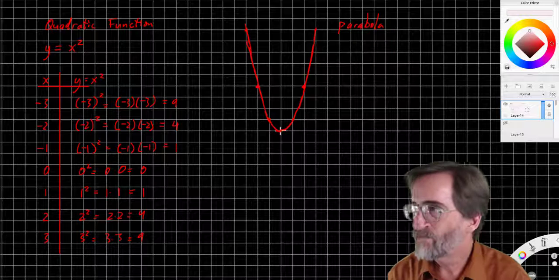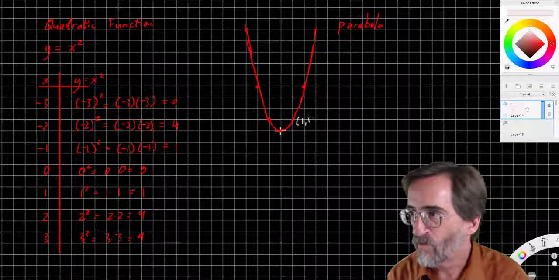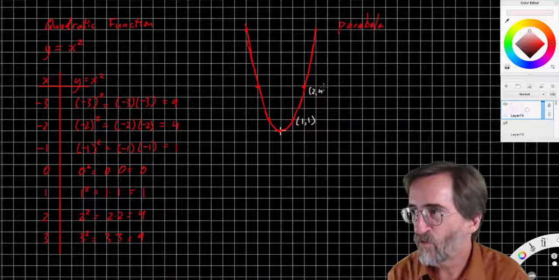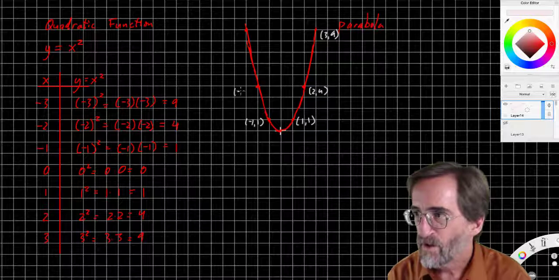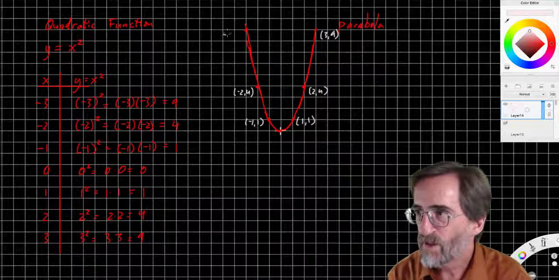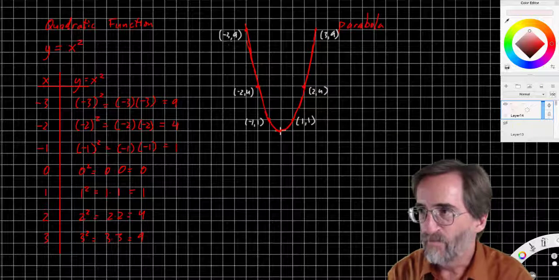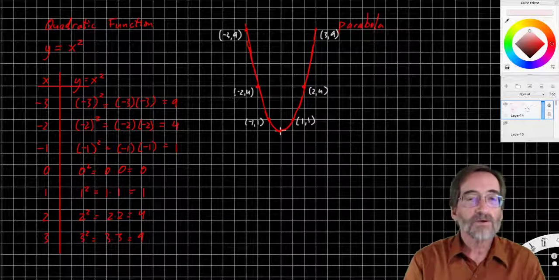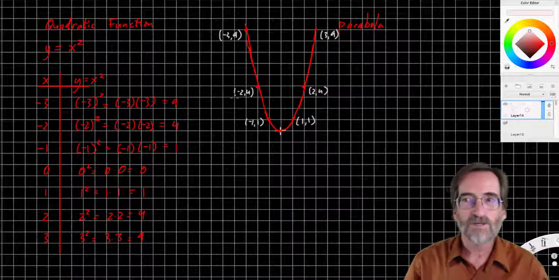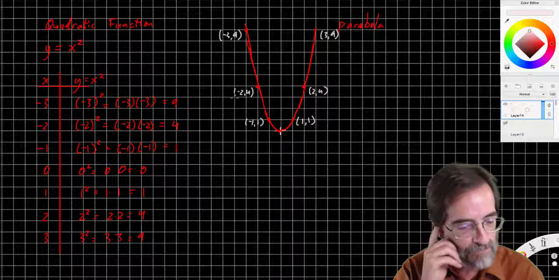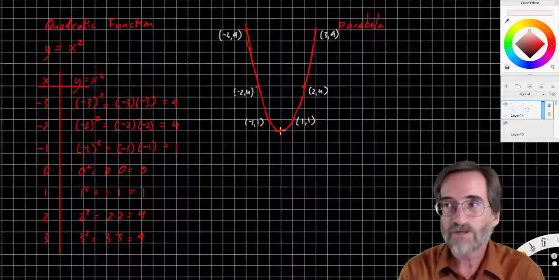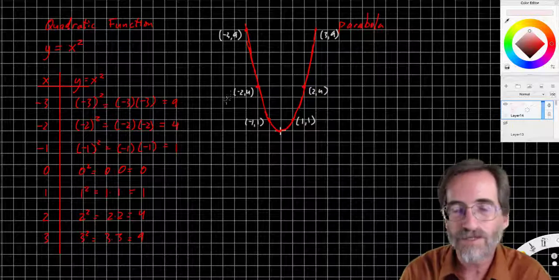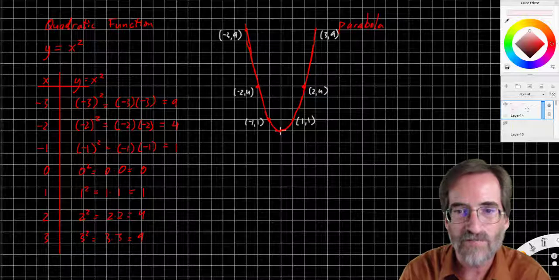The important points to note are 1, 1; 2, 4; 3, 9; and -1, 1; -2, 4; -3, 9. All the other formulas for quadratics are built on this basic function. We're going to explore that for several lessons here.